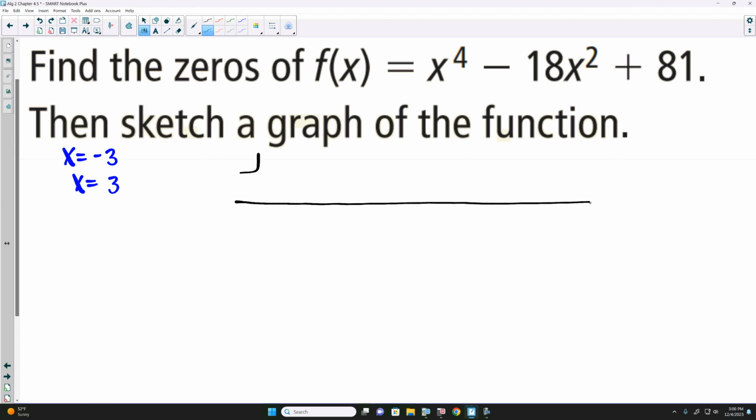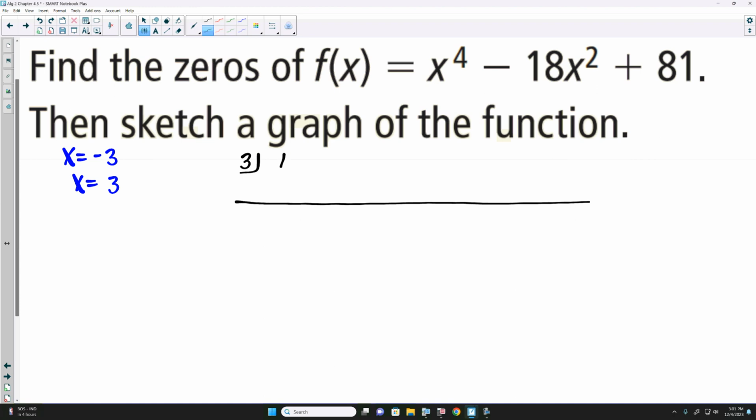And again, we can look at this with synthetic division to check these two and see if others work, because if we get a remainder of 0, then it is a solution. So do we want to use negative 3 or 3 first? 3.